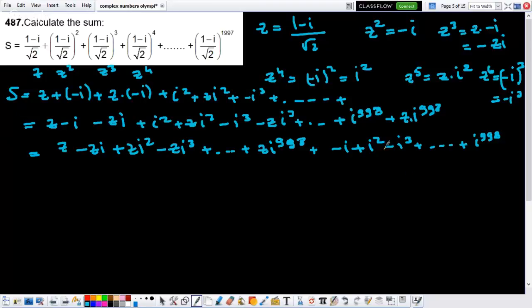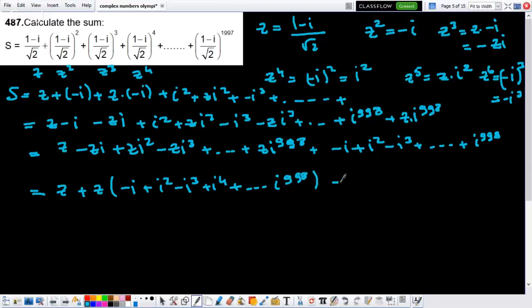I didn't say that part, but here what we are going to do: if we take z in parentheses here, I cannot take this one also, because if I take this one, I need to leave this one out. Then plus z times minus i, and minus i plus i square minus i cube plus i to the power of 4, and it's going to continue till i to the power of 998.